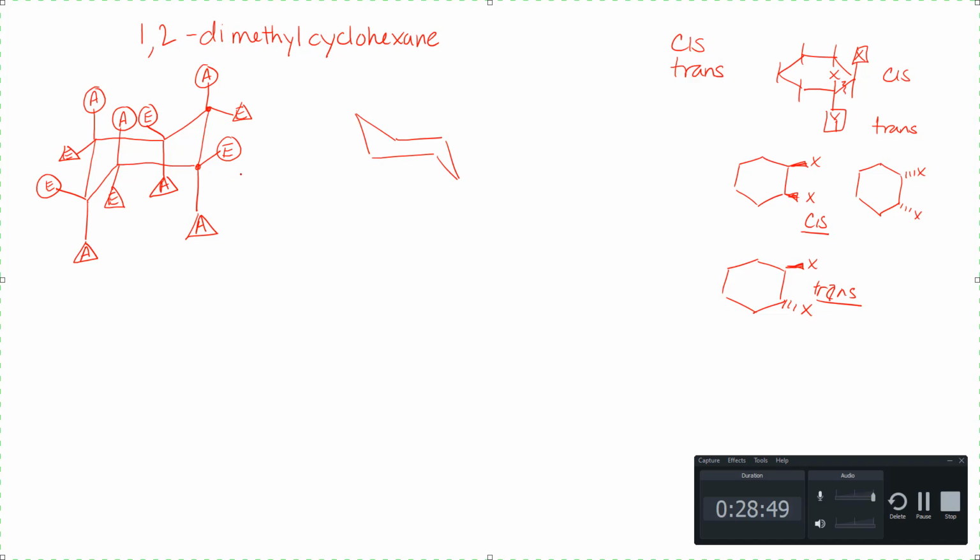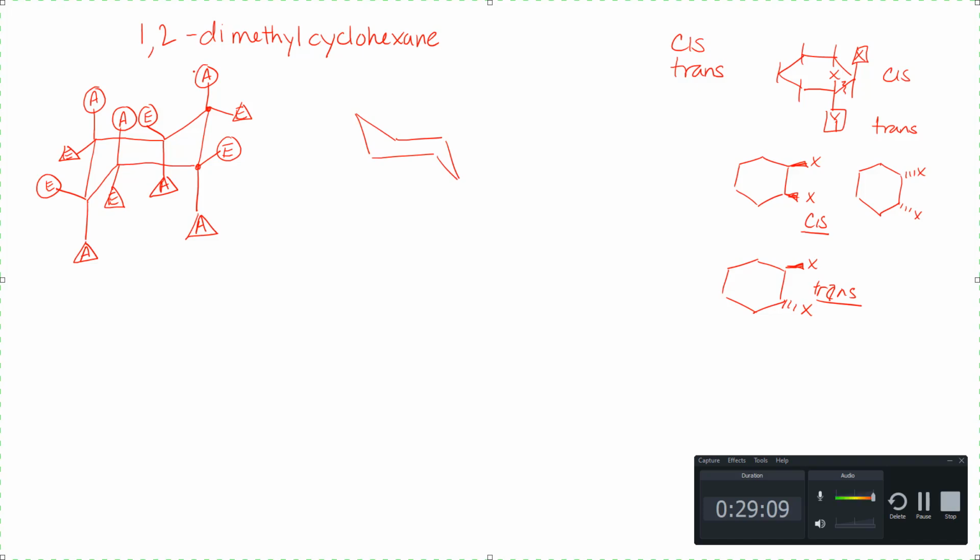Okay, so what I just did here, and it'll take you some practice to be able to draw these well, is to basically draw all three axial above, all three equatorial above, and then all three axial below and all three equatorial below.